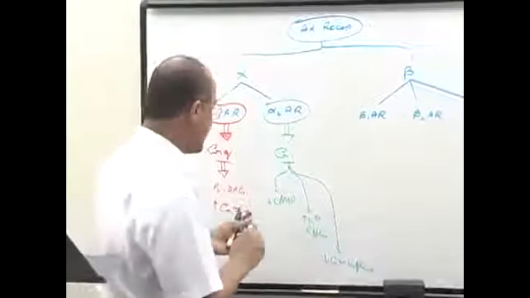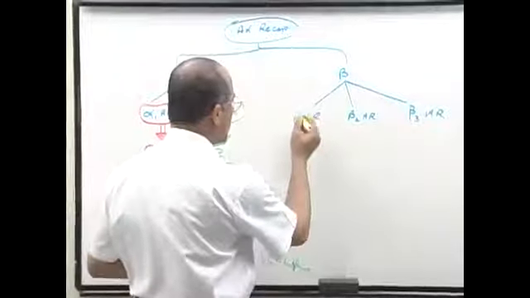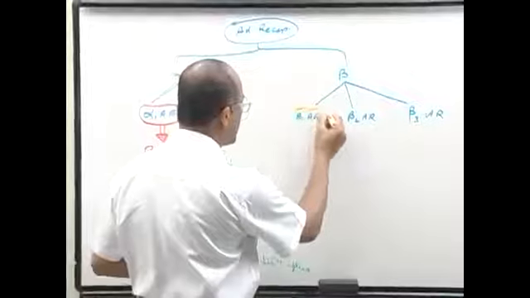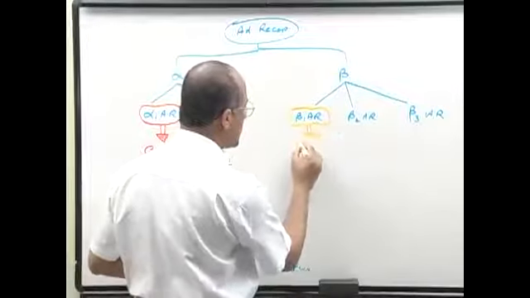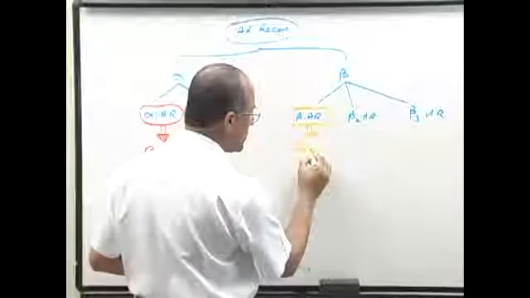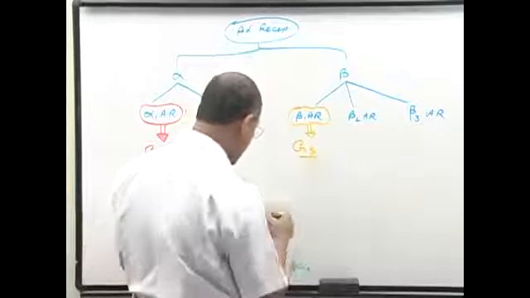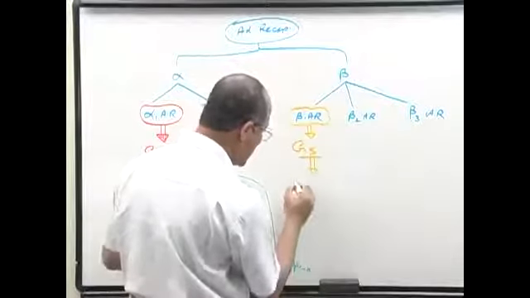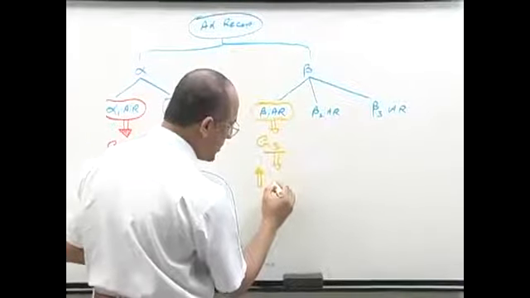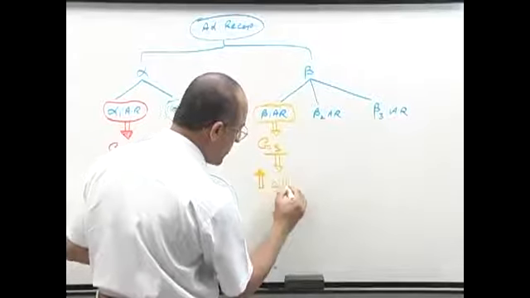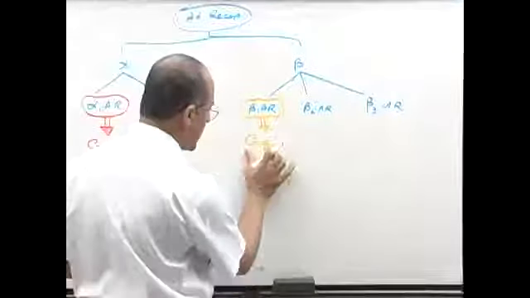Now we come to beta 1 adrenergic receptors. Beta 1 adrenergic receptors are intracellularly coupled with G stimulatory. And what will be the result in the cell? There is increased intracellular cyclic AMP level. Plus it has one more thing.